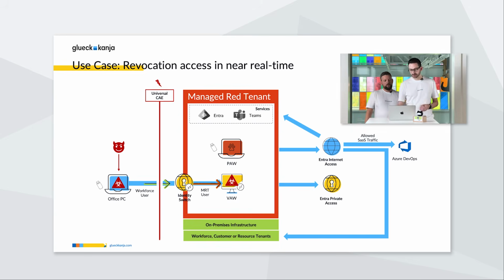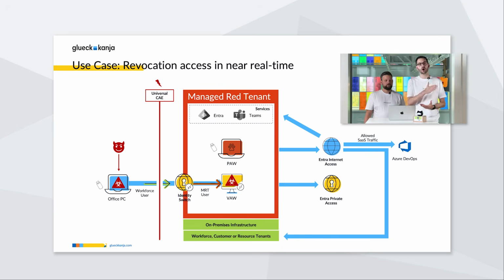Now, it becomes quite interesting that we have a feature in Entra called Continuous Access Evaluation, CAE. And it's also a big aspect in Global Secure Access, because with universal CAE, in case of a critical event, it allows us to interrupt the connection.